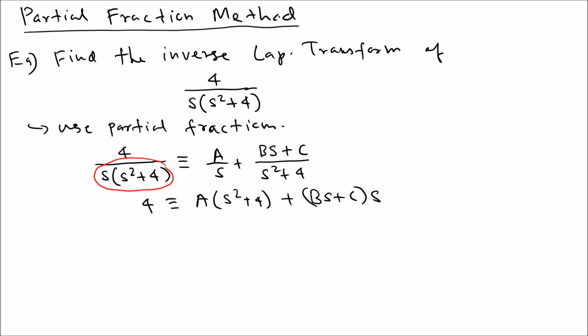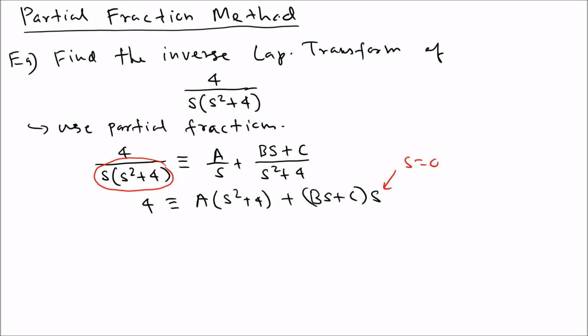After that, we can use the hybrid method. What's the hybrid method? We start substituting values if it's going to work, and then we equate coefficients. That's the hybrid method, because it's much faster when we solve many problems. We can substitute s equals 0, because then we can make that factor 0.